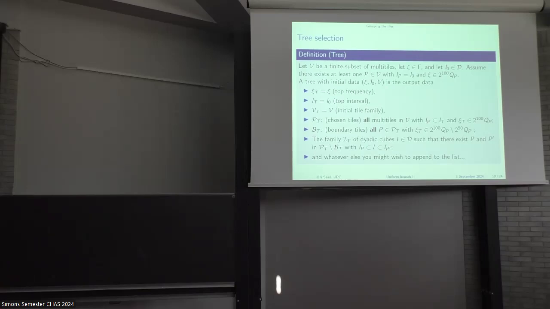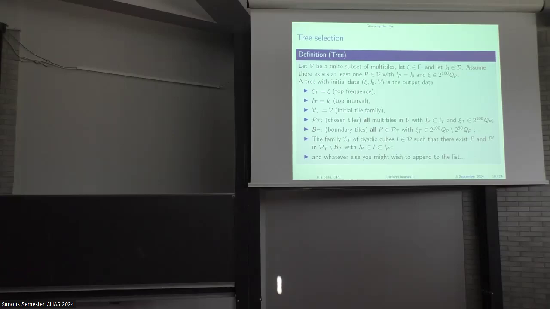We have this top frequency, psi, which is a frequency living in the singular subspace. Then we have an interval, I0, somewhere in the space, and this interval contains the information of location and scale, because the interval has a size.